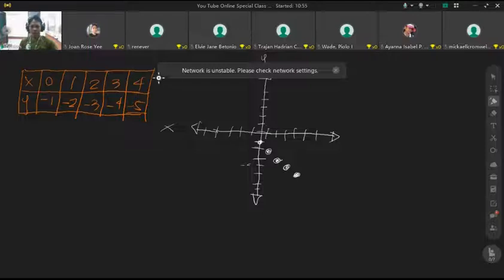And this and this one. We have 1, 2, 3, 4 positive, negative 5. 1, 2, 3, 4, 5. Negative 5. Therefore, our graph looks like this.